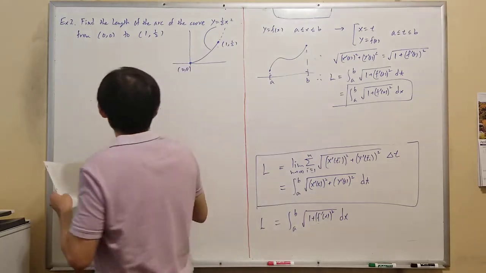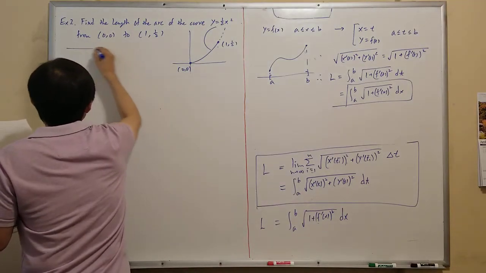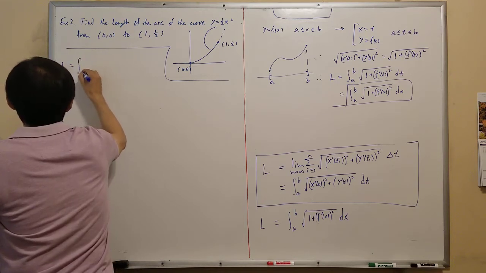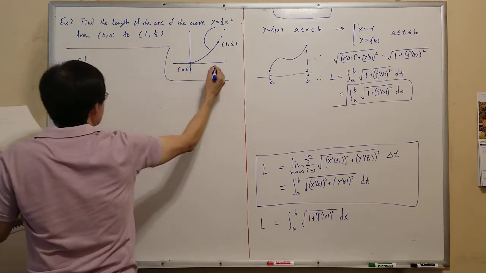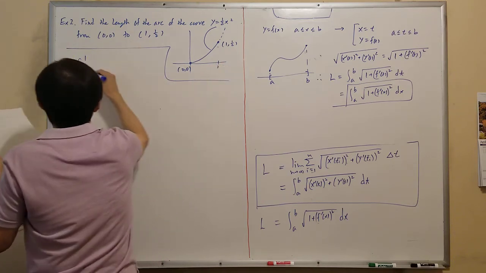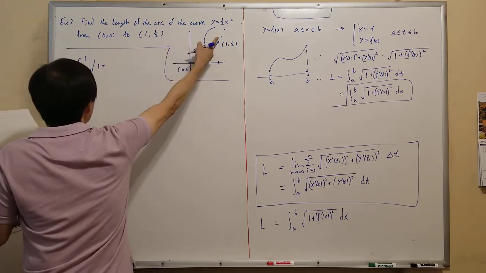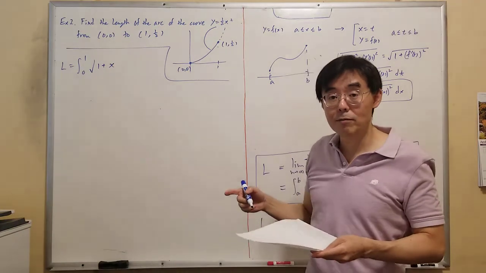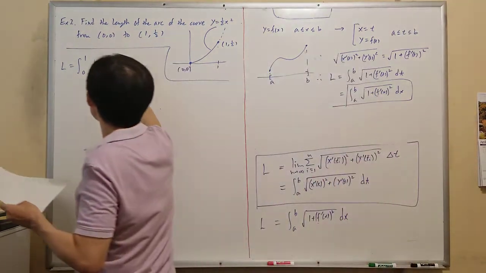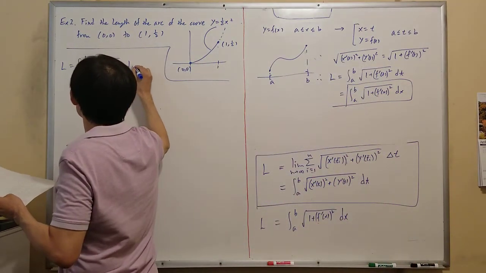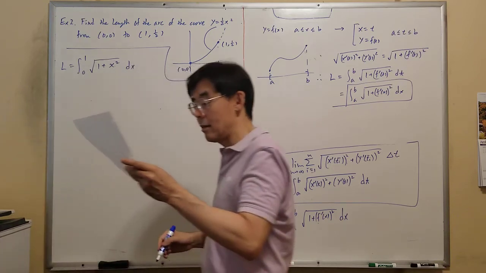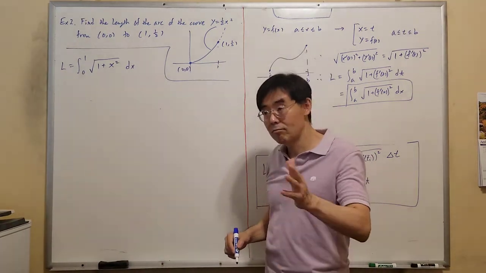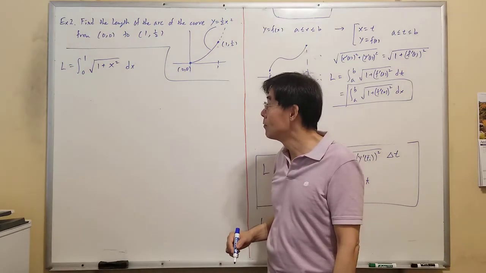Well, your arc length will be the integral from 0 to 1 of the square root of 1 plus f prime of x squared, where f prime is 1/2 times 2x, which is x. That one squared, dx. Okay? Now we can use some trick, substitution for this.